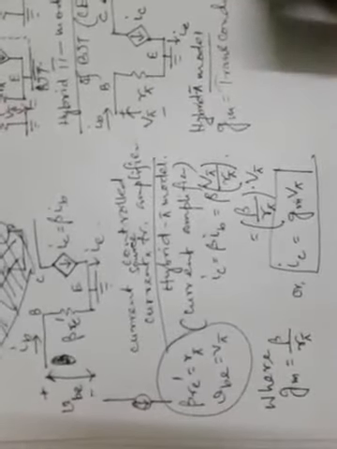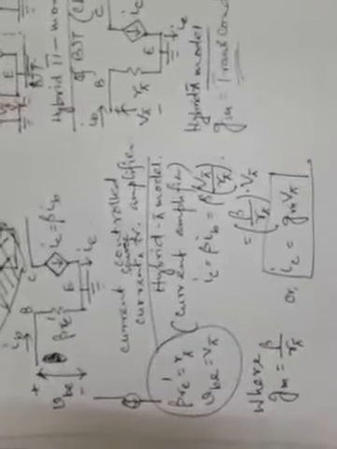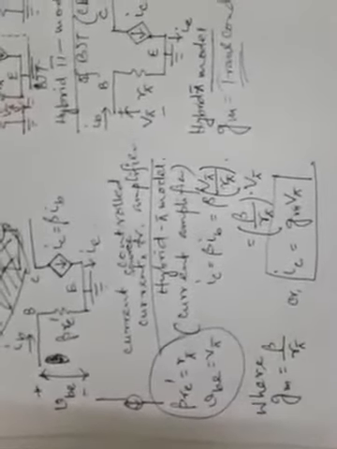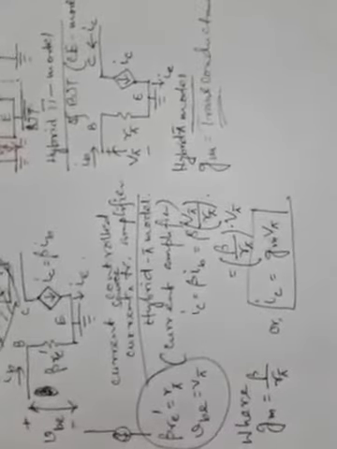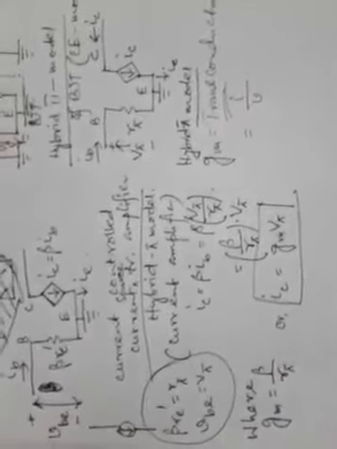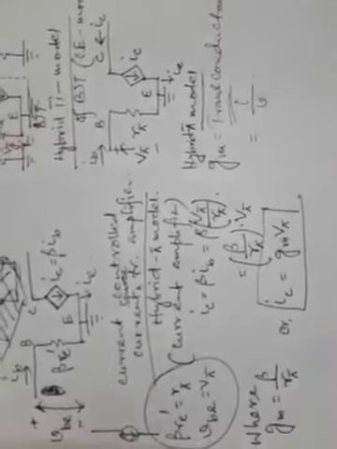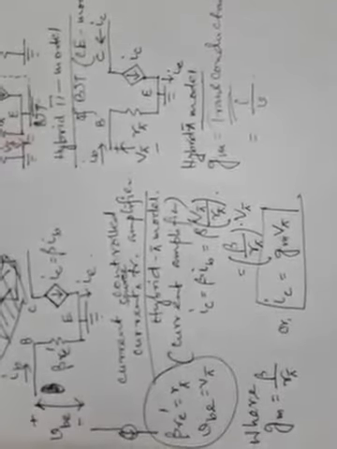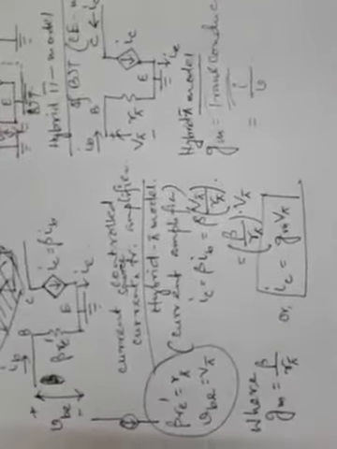Transconductance. What is transconductance? Trans comes from the name transfer. That means it is basically a ratio to find the conductance. You know what is conductance? Conductance is I by V. And since the name trans is given, the voltage should be at the input side and the current should be at the output side.